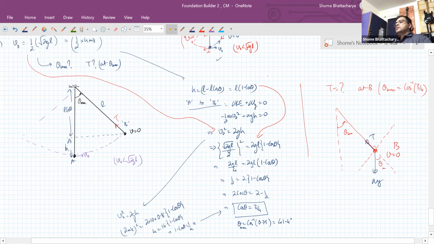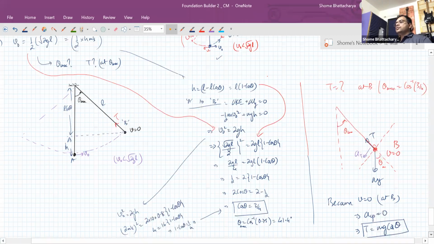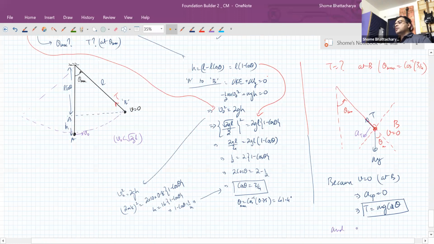Okay. So because v is equal to 0 at B, centripetal acceleration is 0. So therefore T should balance mg cos theta. Okay. And mg sin theta should provide the tangential acceleration. So the particle has 0 speed at this point, but it has a tangential acceleration like this. So that is there because of mg sin theta. So these are the FBD equations.